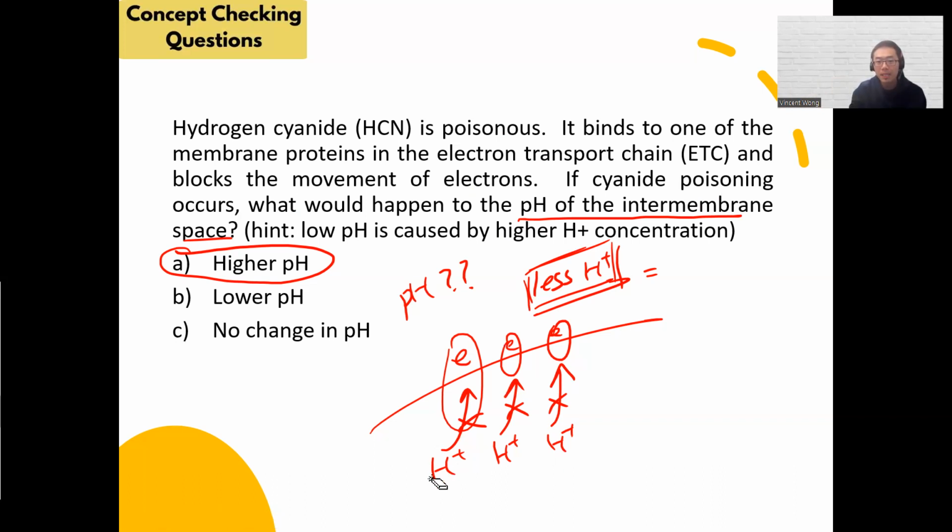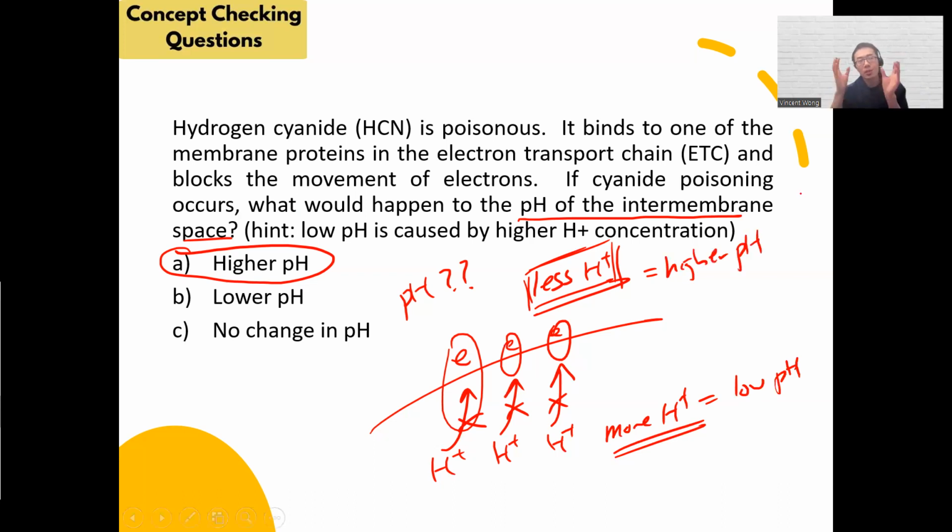So in the matrix, because the H+ is not getting pumped over, you have more H+ now. More H+ means lower pH, right? Okay. So just because it looks similar to something we've done does not necessarily mean it's the same question, right? I think that's a mistake. Like I said, half of you may have made it on this second quiz, because you put the cold environment answer when the question is asking for the hot environment. All right.